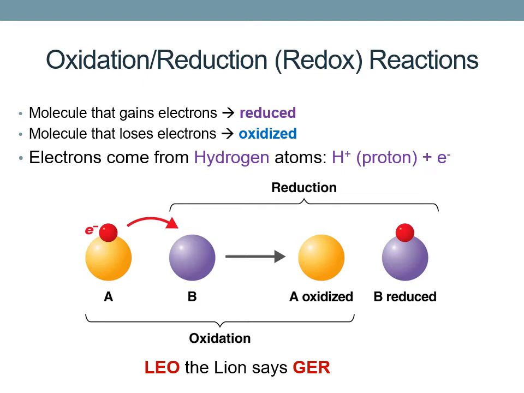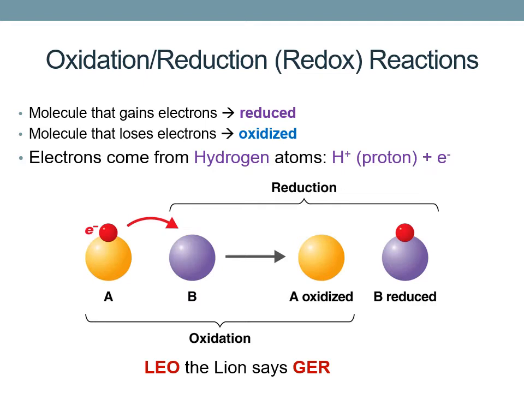In this figure, molecule A has an electron that is transferring to molecule B. After the redox reaction takes place and the electron is transferred, molecule A is oxidized because it has lost the electron, and molecule B is reduced because it has gained an electron.